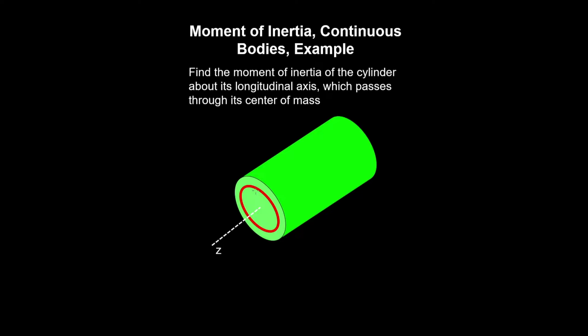Let's find the moment of inertia of this cylinder about its axis, which passes through the center of mass. So designating the radius as r, and the radial distance to this infinitely thin ring as r, and giving this ring a thickness dr, the moment of inertia is defined as follows.